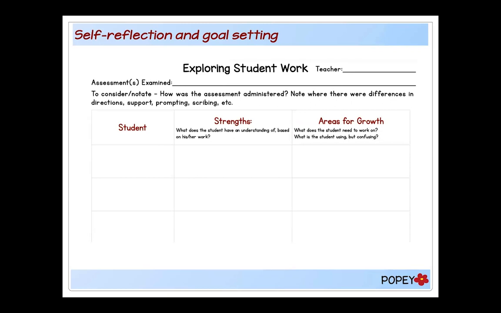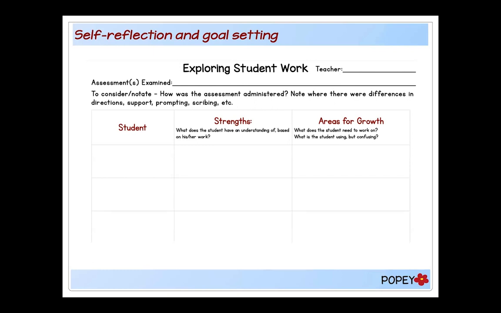Okay, here's another way that we can look at exploring students' work. In that conversation with students, if we have a student work sample as a third reference point to reflect on with our students, that's very helpful for us to collectively decide what are your strengths and what are some areas of growth that we could work on together.